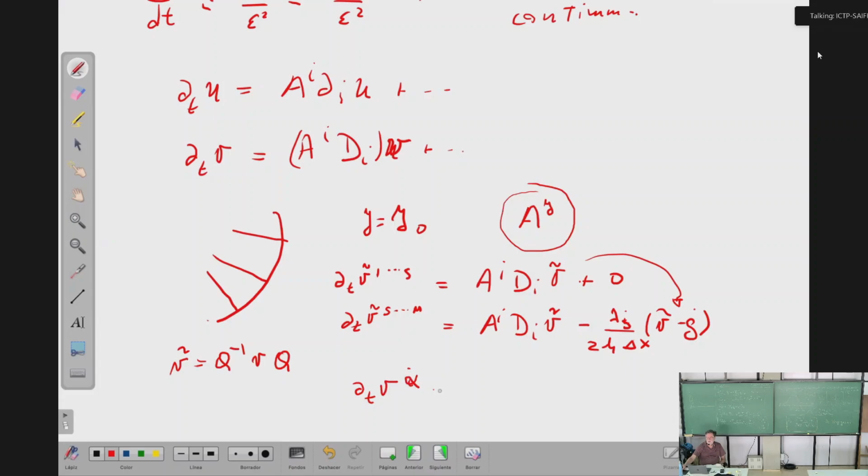Let me call alpha this index. This is the same because the transformation doesn't do anything here. You go back to the same thing.